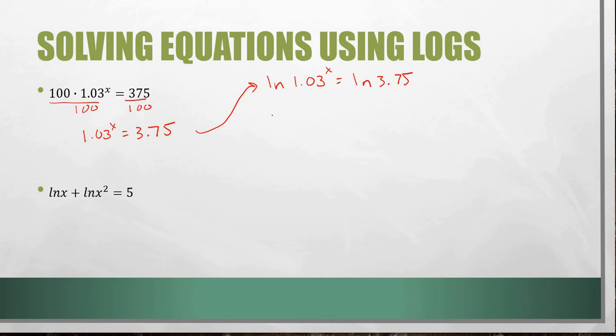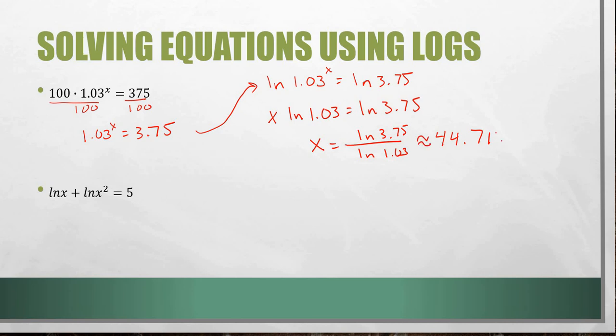This x now can be brought down in front using my property of powers for logs. And now I get x equals ln of 3.75 divided by ln of 1.03. If I put that in my calculator, I get 44.716. It is an approximation because this decimal goes on and on forever.